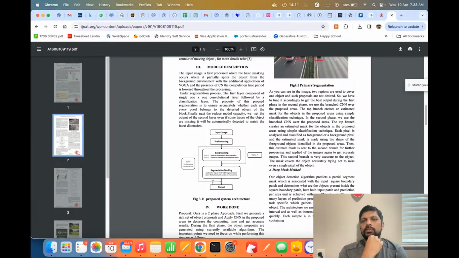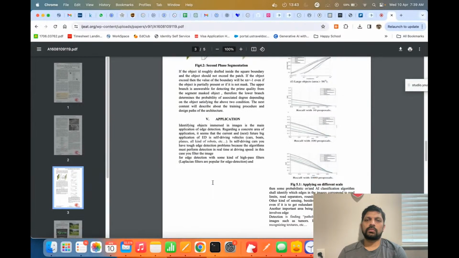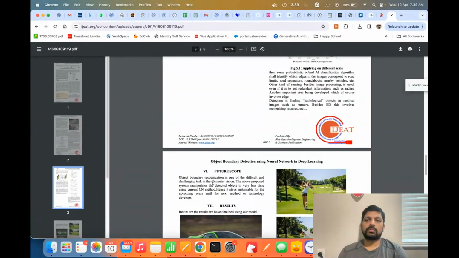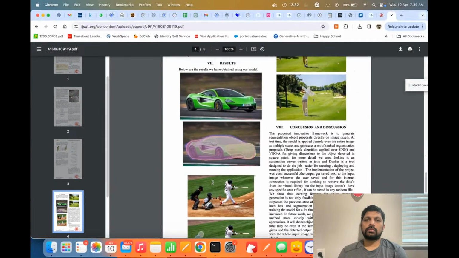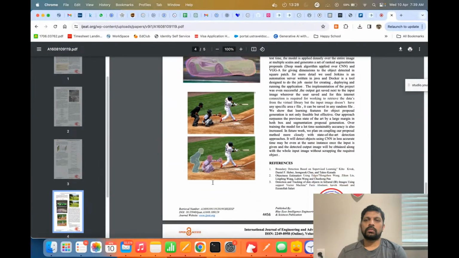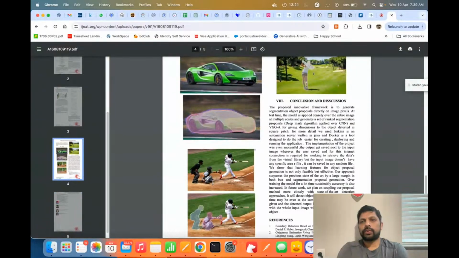The answer is to cover one object. The proposed innovative hierarchy is to generate segmentation.